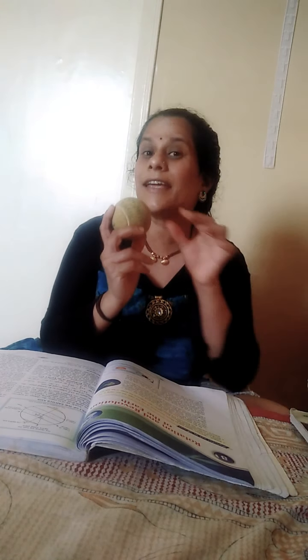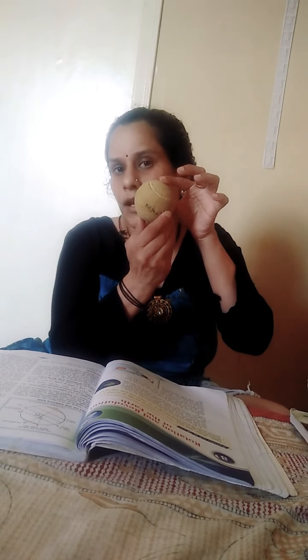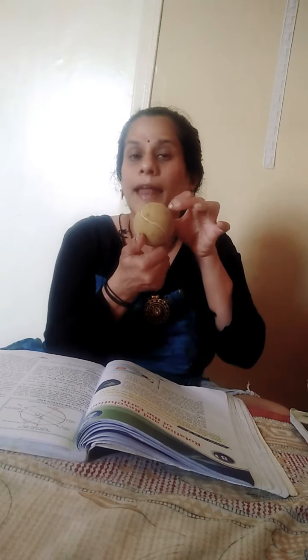seasons. Suppose this particular ball, what we are imagining as the earth, takes one complete rotation. Then it takes nearly 24 hours to go round. This is an orbit. It is going on the same path.